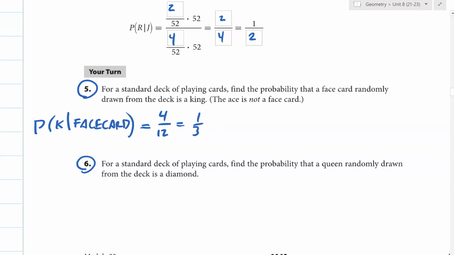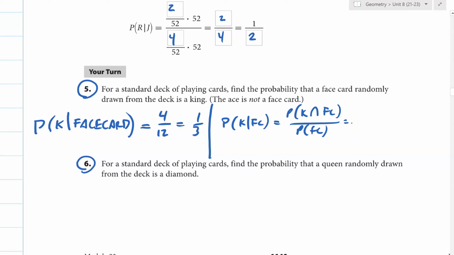So again, that answer came pretty easily without using any formulas. But if you wanted to use the formula, you'd say probability of king given face card is the probability of a king and face card over the probability of face card. And so that would look like this.